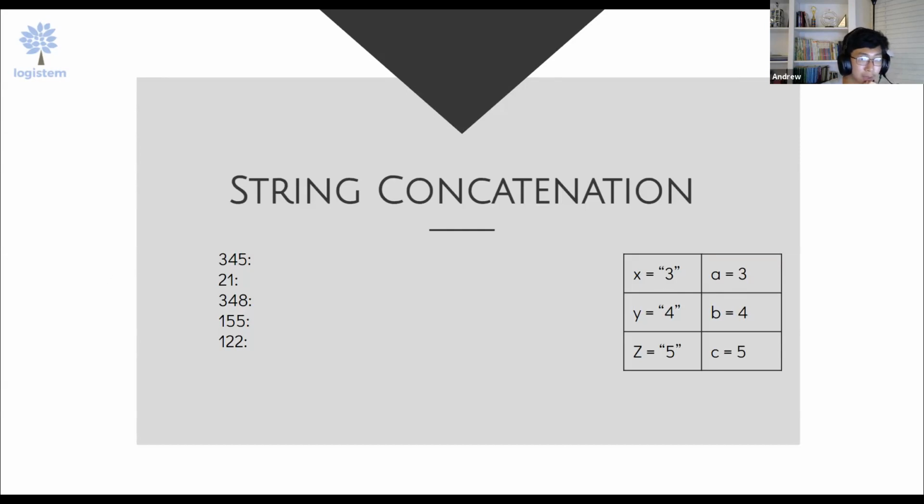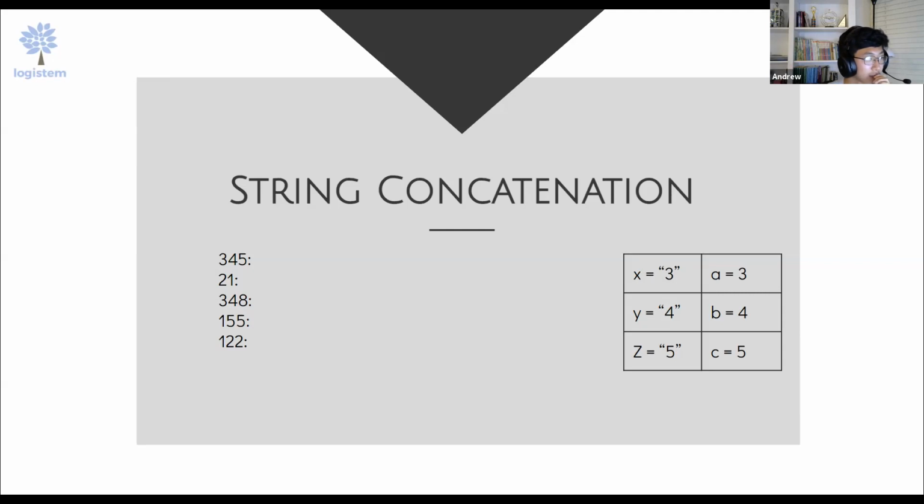By the way, 345 can be written using print X plus Y plus Z. Since they're all strings, concatenating them would just mush 3, 4, and 5 together.